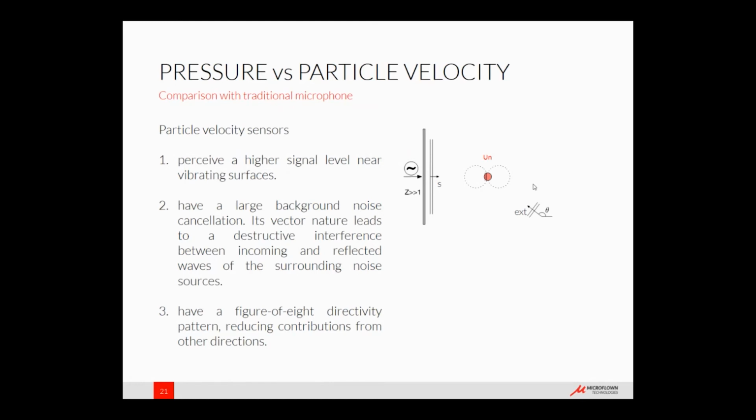You can also imagine that the closer you go to the source, the more you can benefit and separate sources. If you measure at a distance, if you have two close sources, due to the spatial aliasing, you will get one source. But if you go really close, due to this effect, you can separate even sources that are really close to each other.